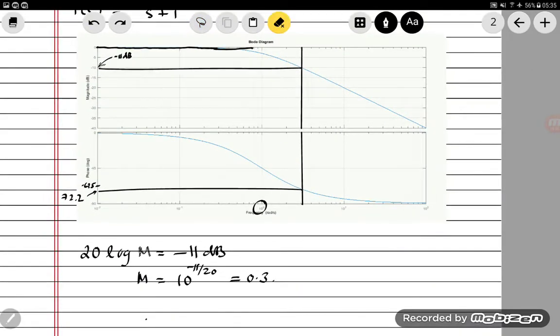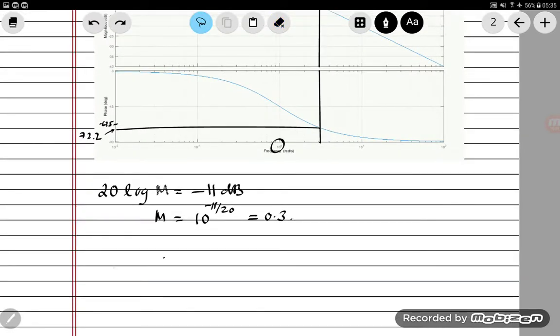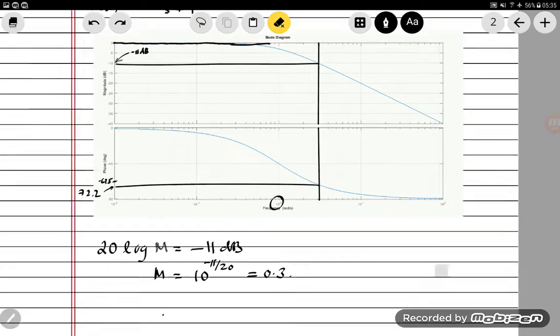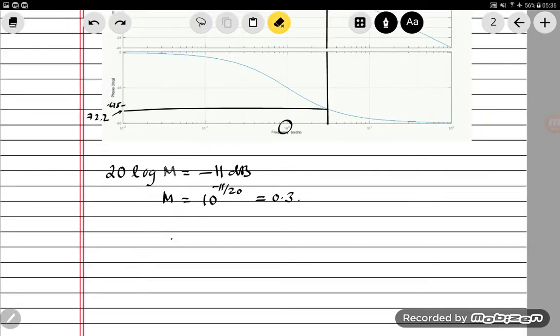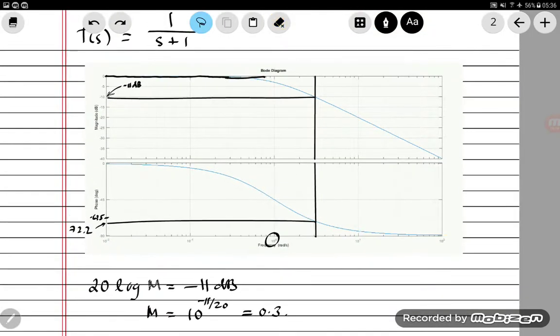What we usually say is that the output follows our input very well, or sometimes in control systems we say it tracks our input quite well. This frequency range where the output tracks the input quite well, we call the bandwidth.